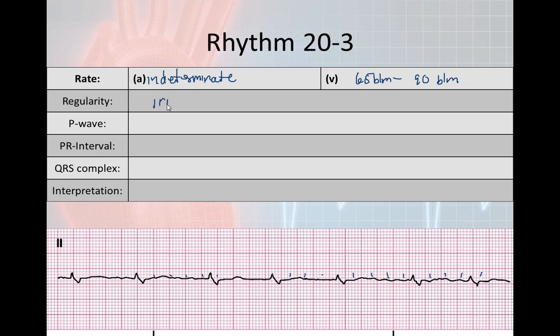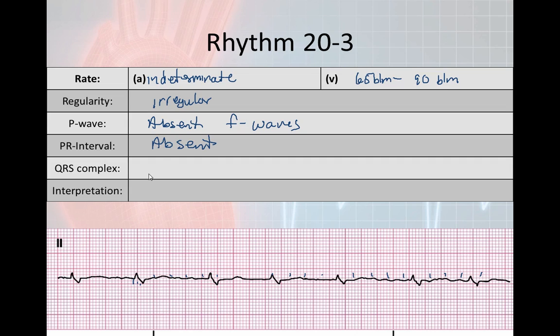Regularity is irregular. P waves are absent. And you can see a little bit better down here, these F waves. So they're lowercase F waves. PR interval absent because we have no P waves. QRSs, they do look wide. Let me start here. 1, 2.